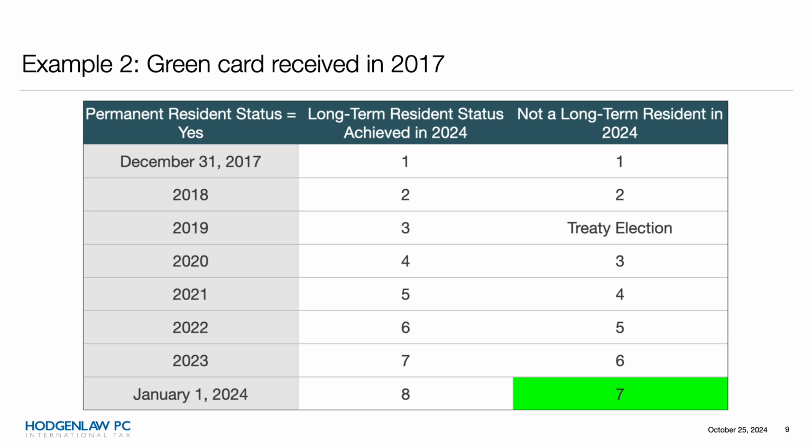This is the same example as before, except in this scenario, the person was able to make a treaty election in 2019, so in 2024, they're only on year 7 instead of year 8. So in theory, you could toggle this status on and off using treaty elections. Of course, you have to be eligible to make the treaty election in order to do that.